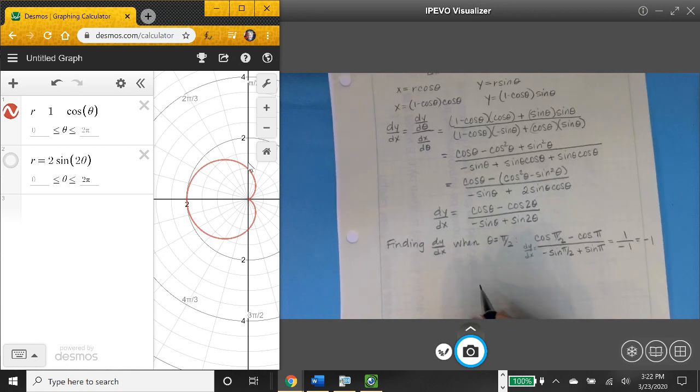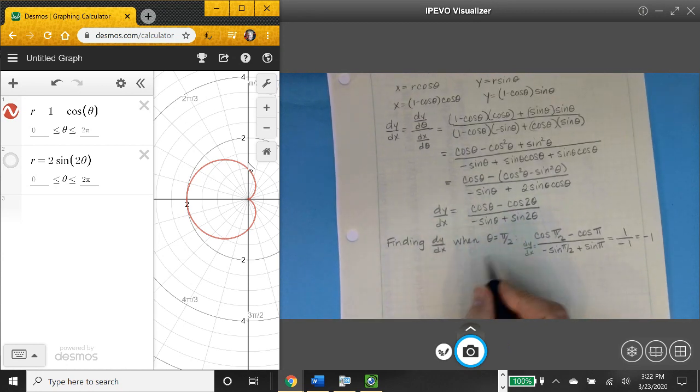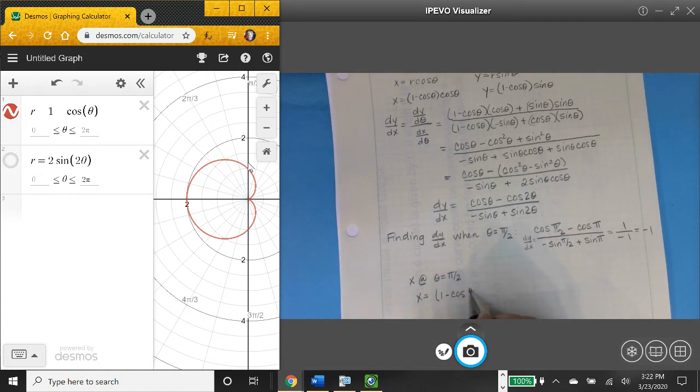But let's find out what the tangent line is. So I need a point. So I need x at pi over 2. So x is equal to r cosine theta. So it's going to be 1 minus the cosine of pi over 2 times the cosine of pi over 2.